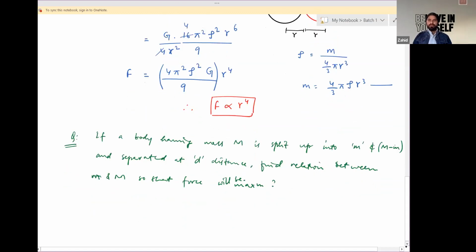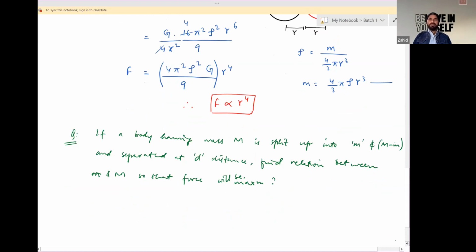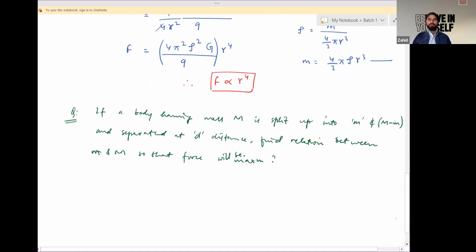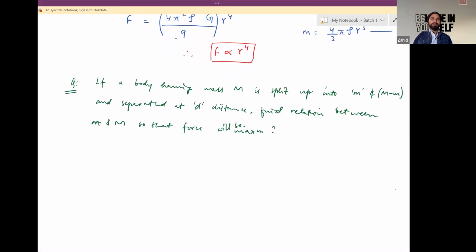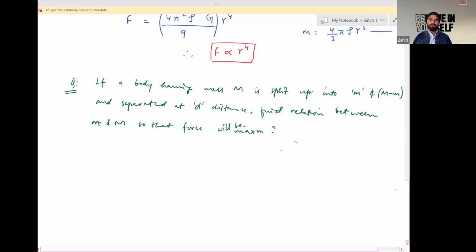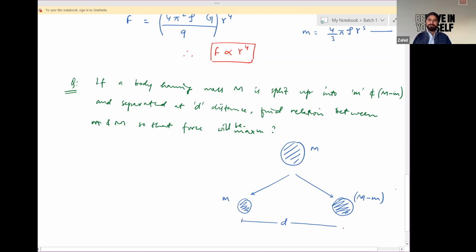Let me explain how to solve this problem. We have a body initially having mass M, split up into two parts, one having mass m and the other having mass M minus m, separated at some distance d apart. Hamza, is it clear?